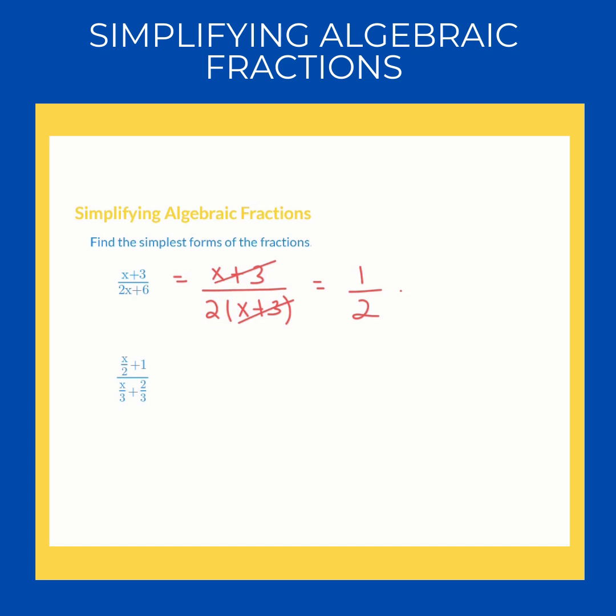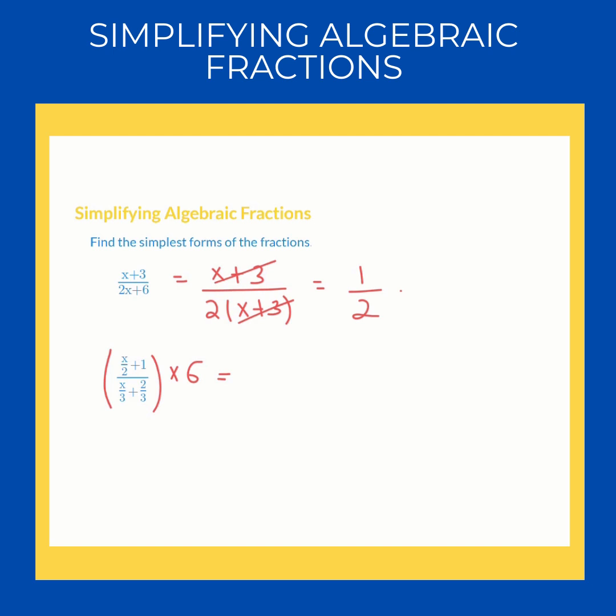Now, what's this number? If I multiply the whole fraction by 6, so 6 times x over 2 plus 6 times 1 over 6 times x over 3 plus 6 times 2/3.